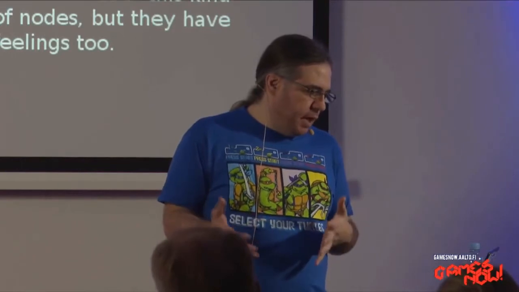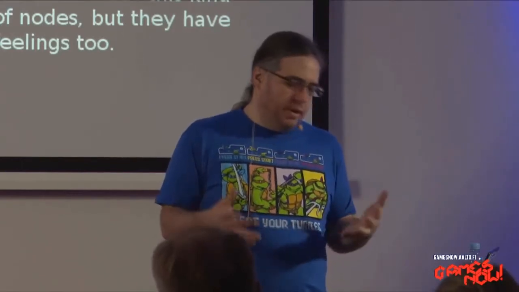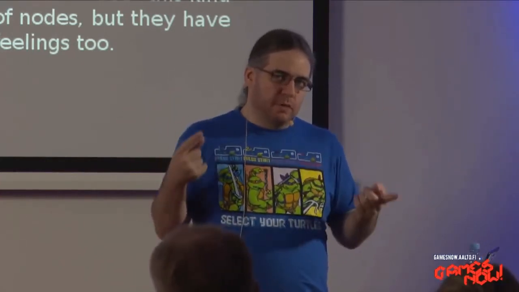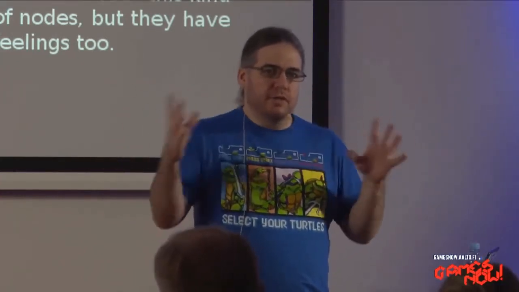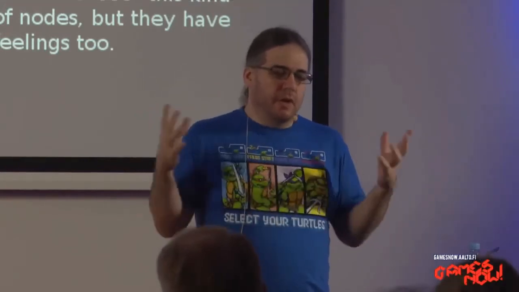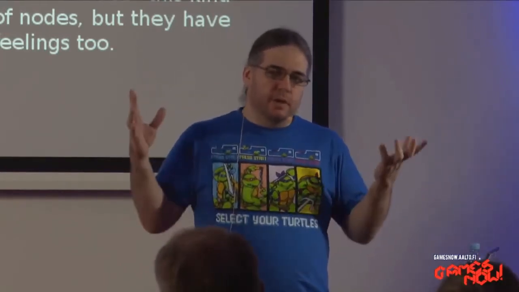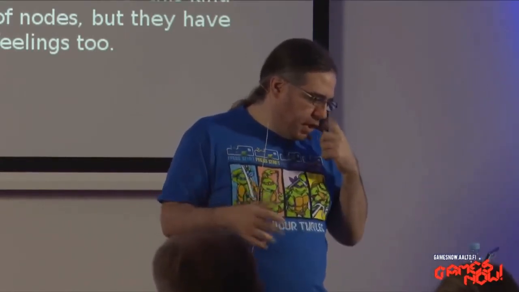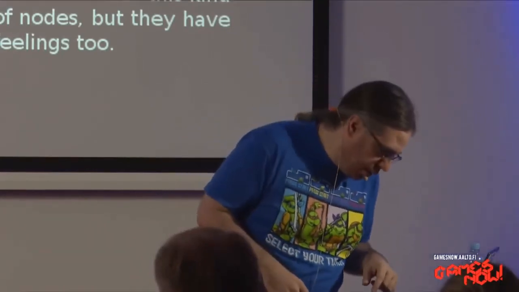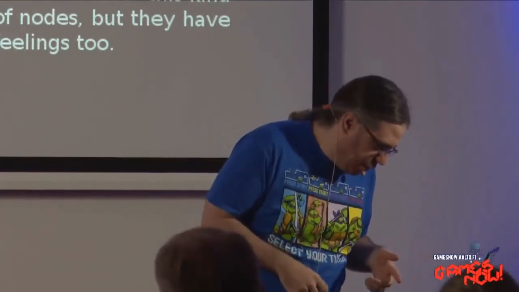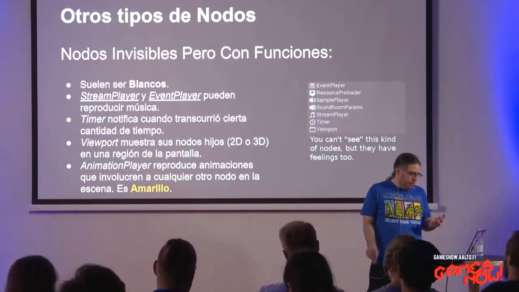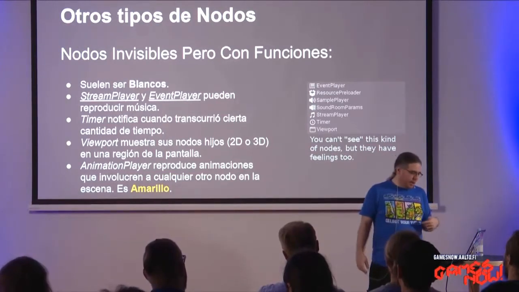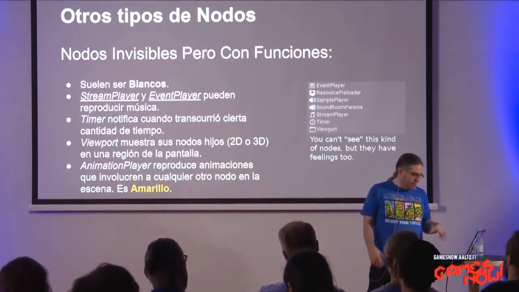There's the stream player nodes, the nodes that play sounds that are not positional sounds, because we have 2D positional and 3D positional sound, but you can also have just the background sound, and so that one doesn't have a position, and so there's just generic types, right? And so there's a timer, for example. A timer node is a node that will wait for some time and then shoot a signal, something like that. There's a bunch of helper nodes like that.